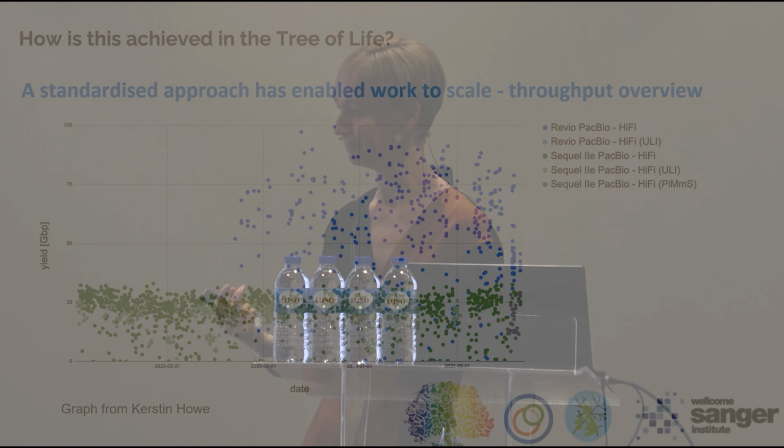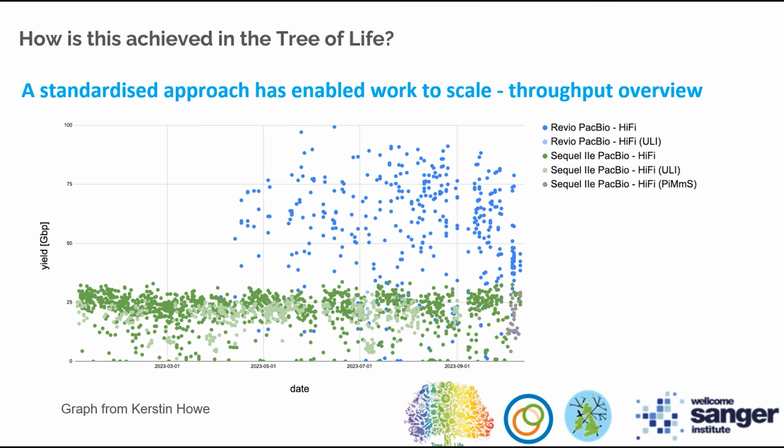So then after all of that work is done, we do a lot of sequencing. So here is a representation of the kind of scale that we've been enabled to work at so far. This actually goes up to around the end of last year, and currently I think James and his team are sequencing around 60 Revio cells per week, so we have a really high throughput happening.